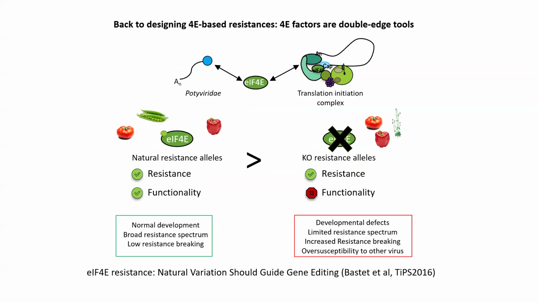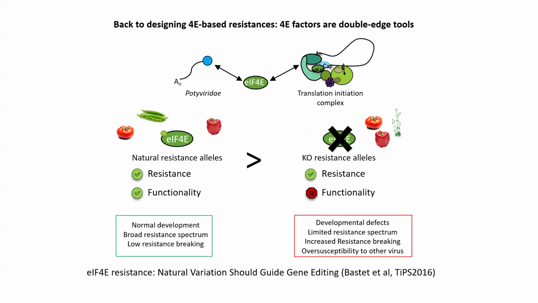Because eIF4E is important both for the virus and for translation, you need to find a balance between both activities. In the natural context, this has been selected through those natural resistance alleles, which are still functional. So you got resistance, but you still got the functionality.